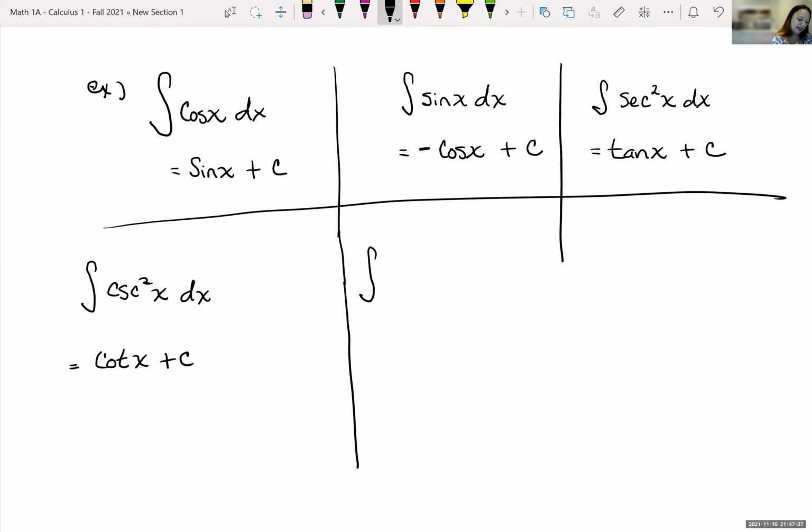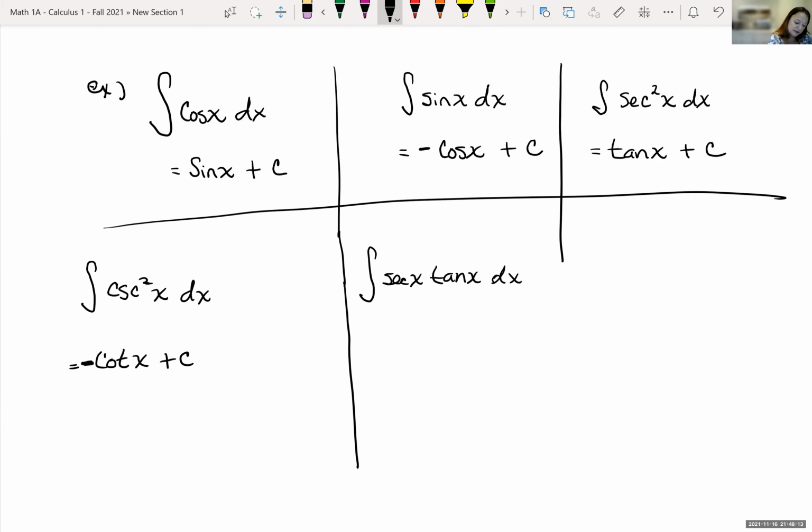If I was looking at the antiderivative of secant x tan x dx, before I do that one, I need to be careful of this one right here. Taking the derivative of cotangent, that would have given me back a negative cosecant squared. And so I need the negative in front of this cotangent. The derivative of secant x gave us secant x tan x.